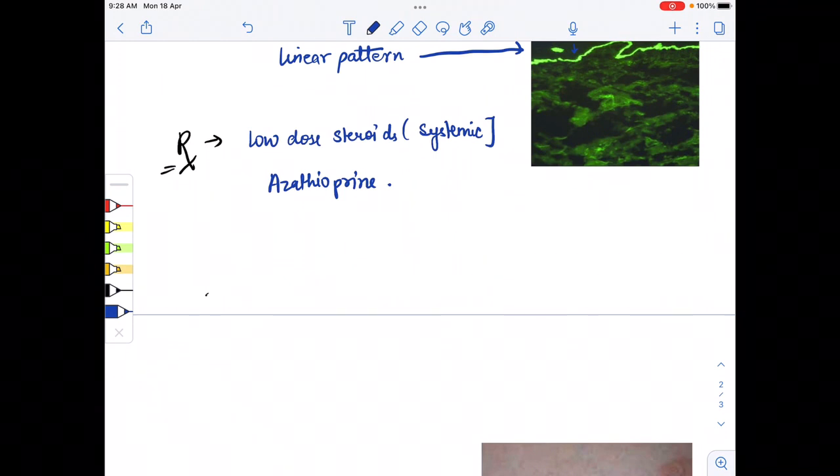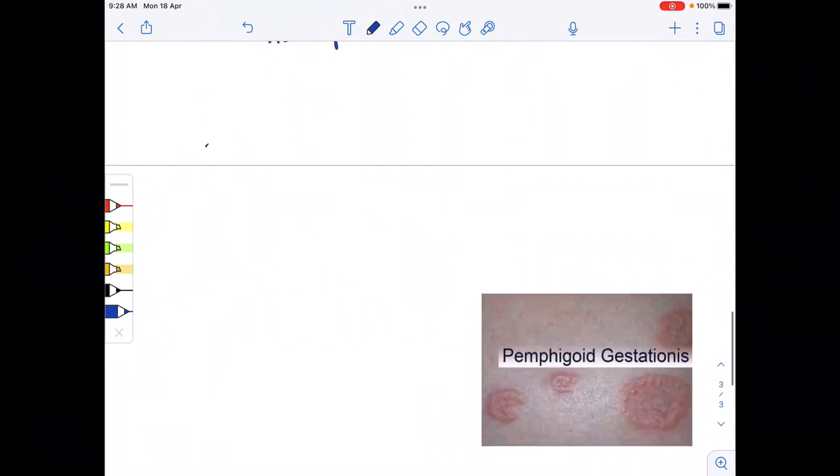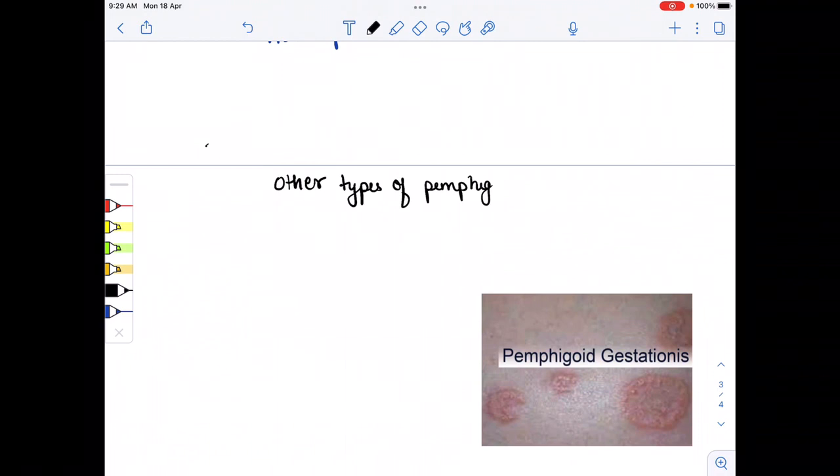Now there are other types of pemphigoid group.